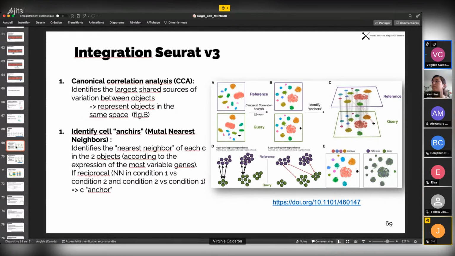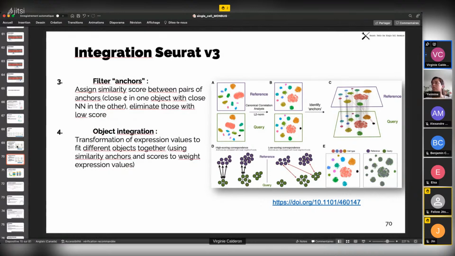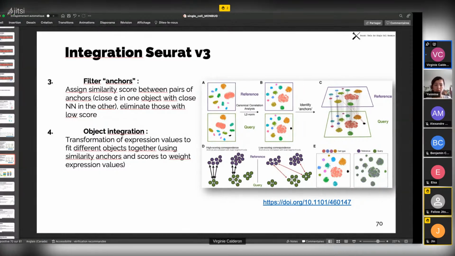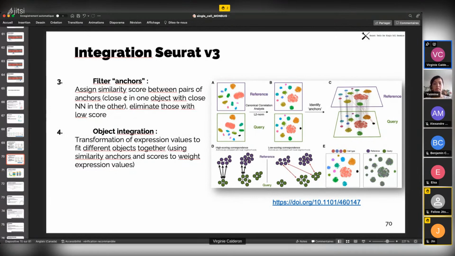So the idea is to identify anchors between the samples, so that way you can find cells that are likely similar to each other in different samples. We will use this as an anchor to superimpose these two projections, and it will help for the data integration. So it's a slide from the integration documentation in Seurat. That's not something specific I drew.